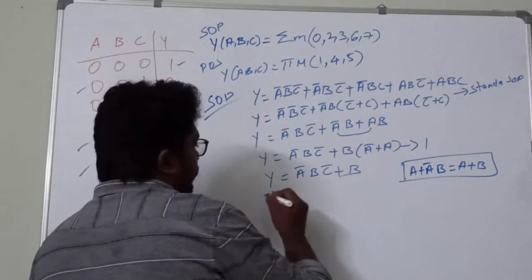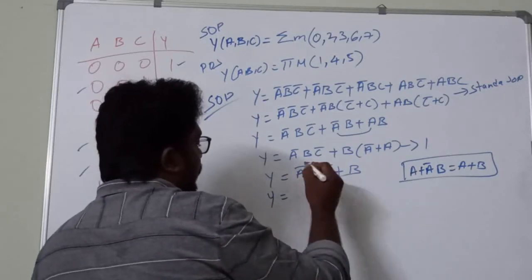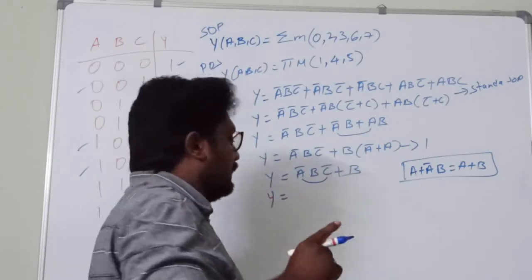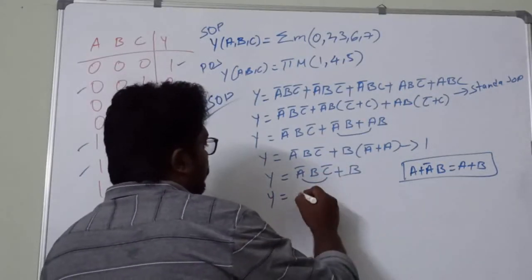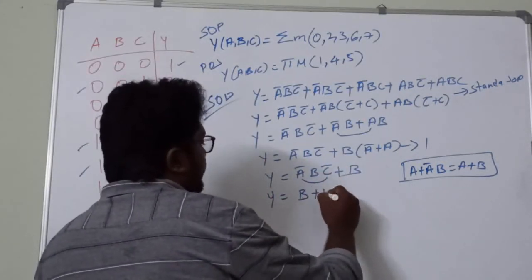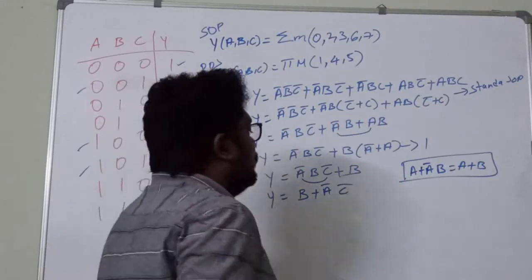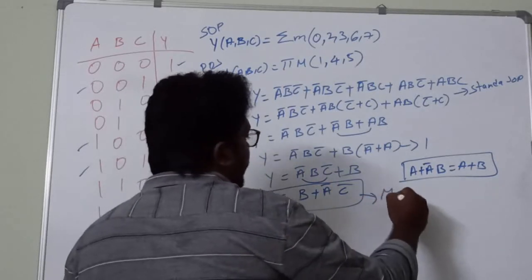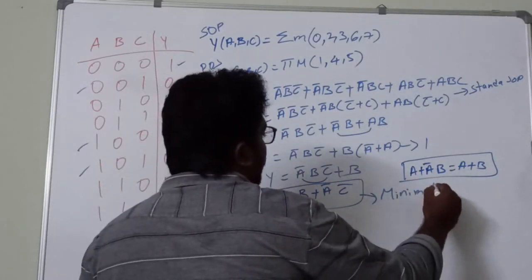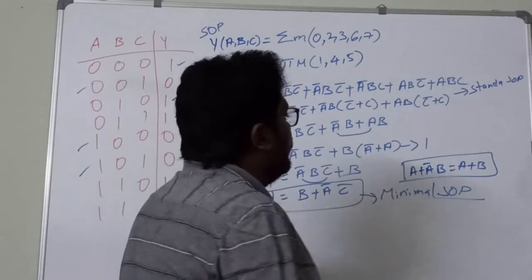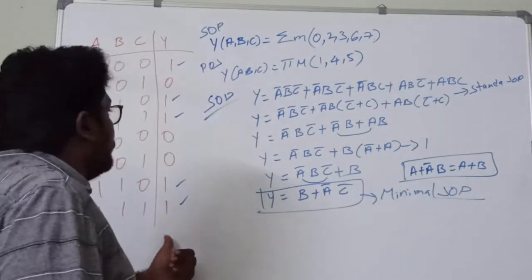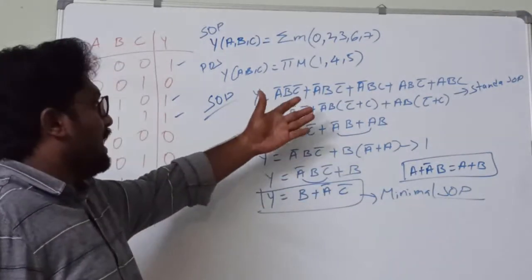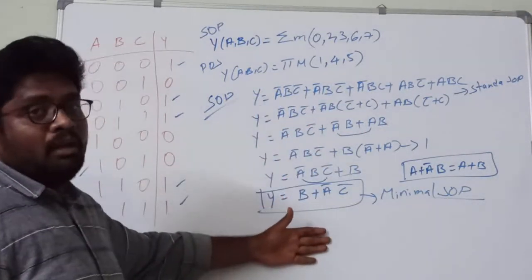So y is equals to, here I am considering this A complement and C complement as a single term, right? So then it will become B plus A complement into C complement. So this is the minimal SOP representation for the given truth table. So this is how we will be converting the standard SOP to minimal SOP.